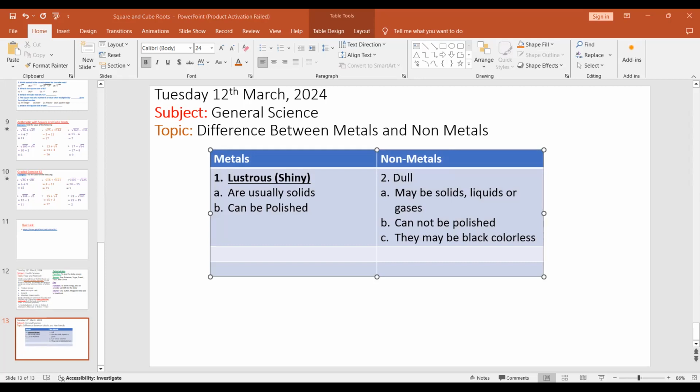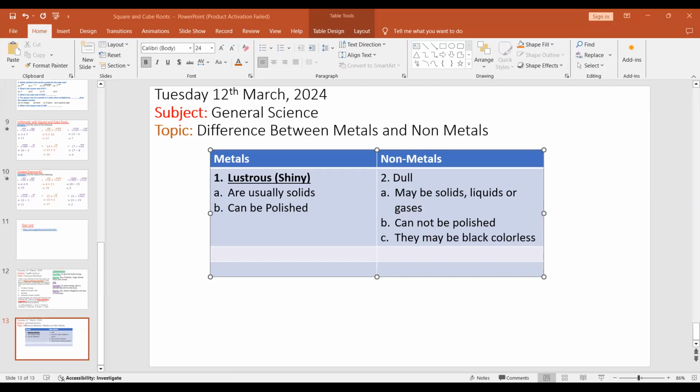Gold, shiny. Diamond. Iron. Iron, yes. Is diamond a metal? Diamond is a form of carbon.